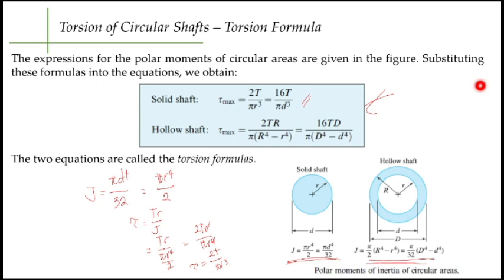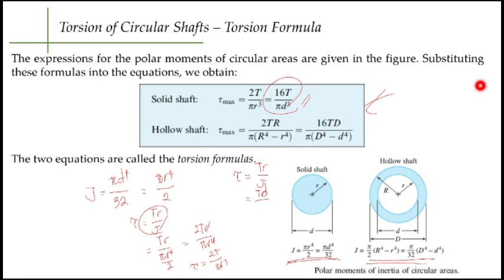And the same is true also for the solid shaft, the maximum shear stress in terms of diameter. One thing you just have to remember is, let's derive 16T over pi d cubed. We know that the formula for our maximum shear stress is TR over J, and R is D over 2, meaning the diameter divided by 2.